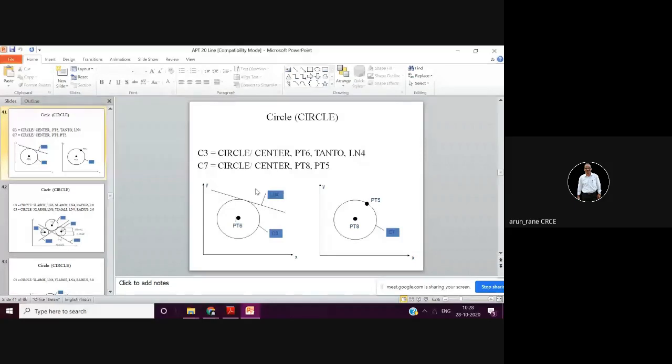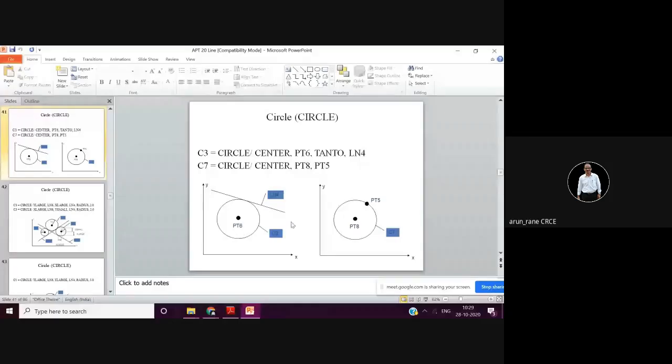But when we give a definite point number 6 as a center, then there will be only one circle. It cannot be here on the right hand side. It cannot be here on the left hand side, because we have said this is the center and radius is not required. Why? Because we have said that this circle is tangent to the line 4. It cannot be on this side also, because the center of this circle is defined by point 0.6.